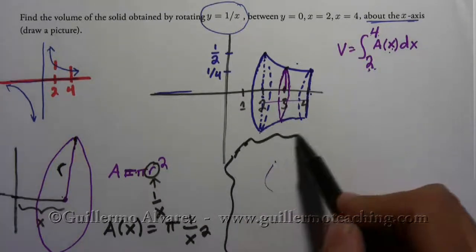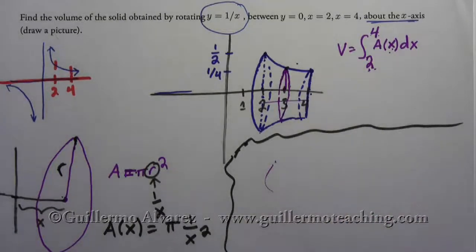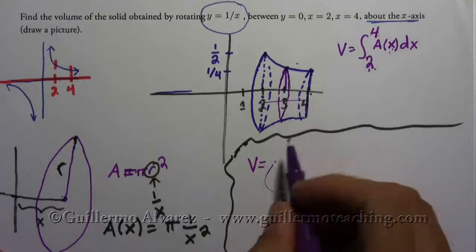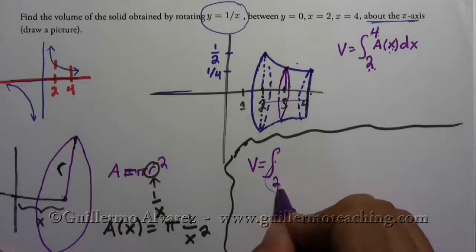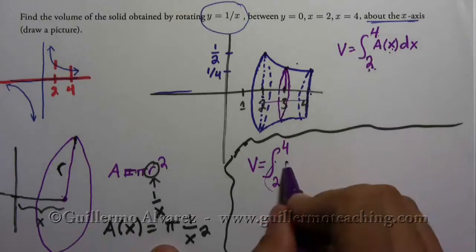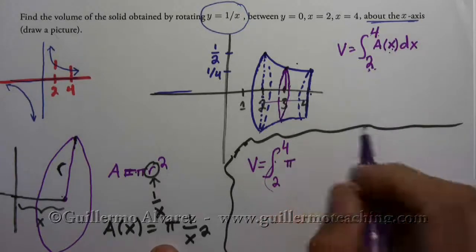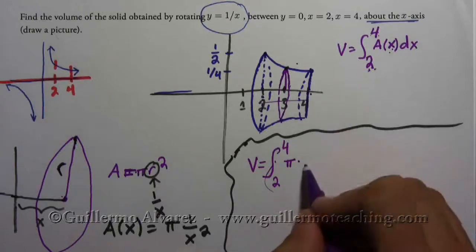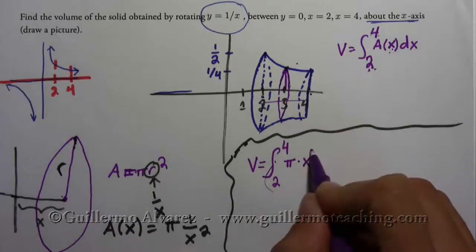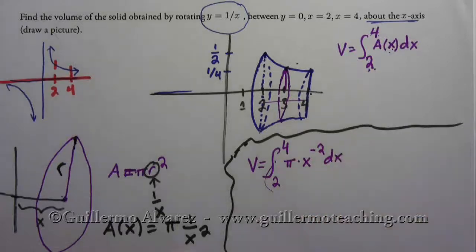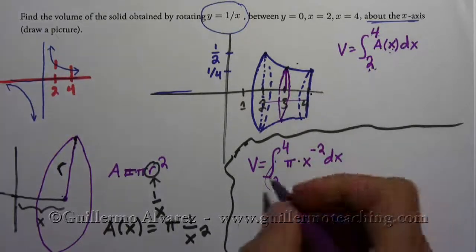This is the hardest part, the setting up, because now I can do my integral for the volume. So what I want is to find the integral from 2 to 4, like I had up here, of pi times 1 over x squared. Since I'm going to integrate, I'll write it as x to the negative 2 dx, so that I can use the power rule.